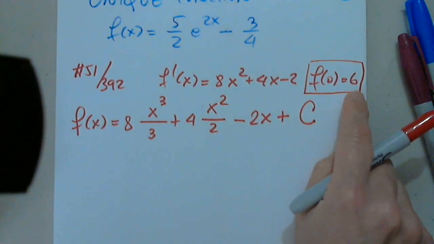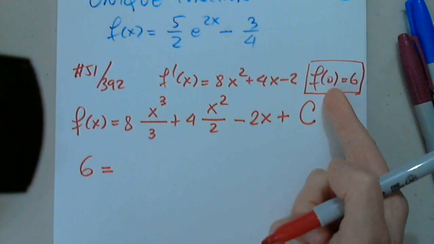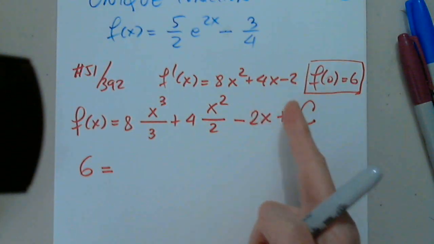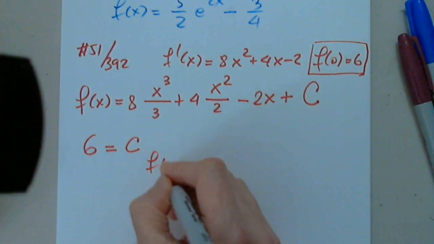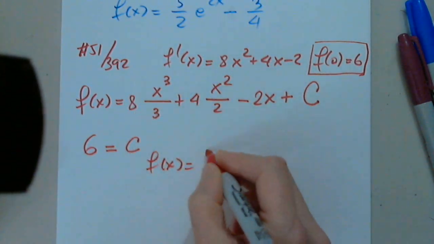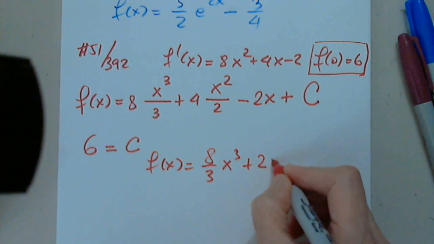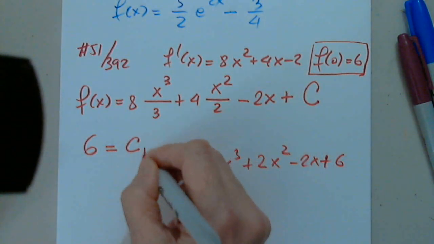And it says, when f of x is 6, x is 0. 0, 0, 0, c. That's it. So then the function is 8/3 x to the third, plus 4 over 2, 2, x squared, minus 2x, and plus 6.